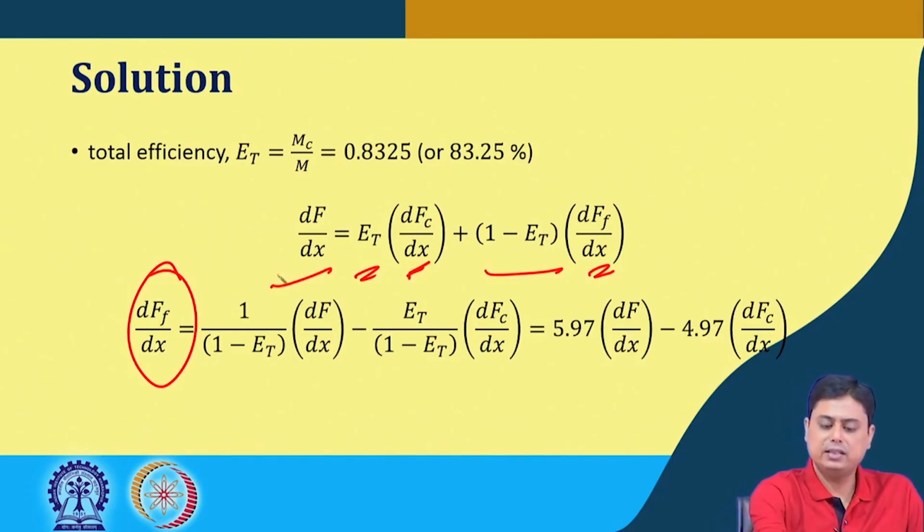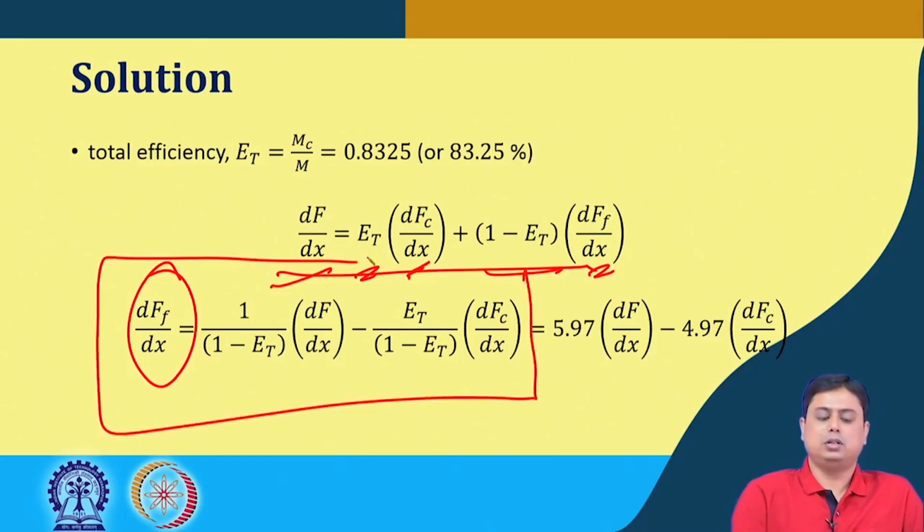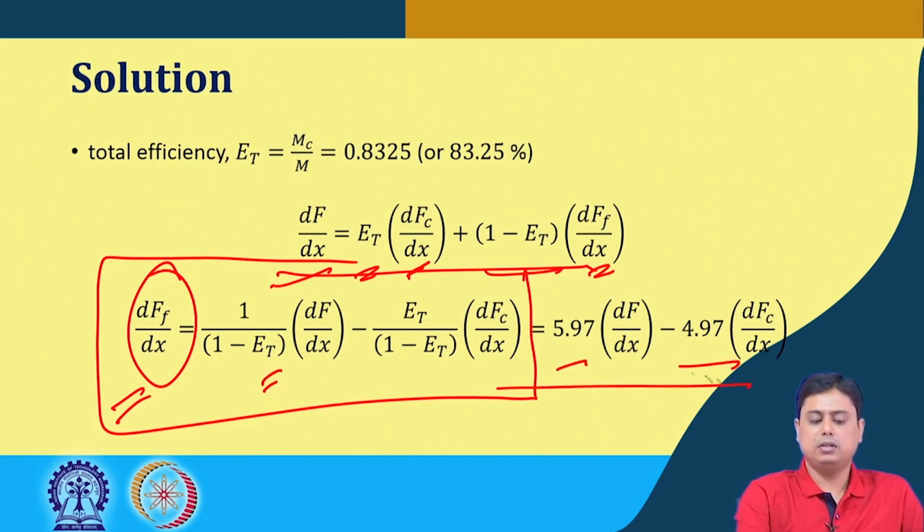If we rearrange this expression, we put the unknown factor on the left hand side. Here Et is known, which we have calculated. So the expression becomes df_f by dx equals 5.97 dF by dx minus 4.97 dF_c by dx.